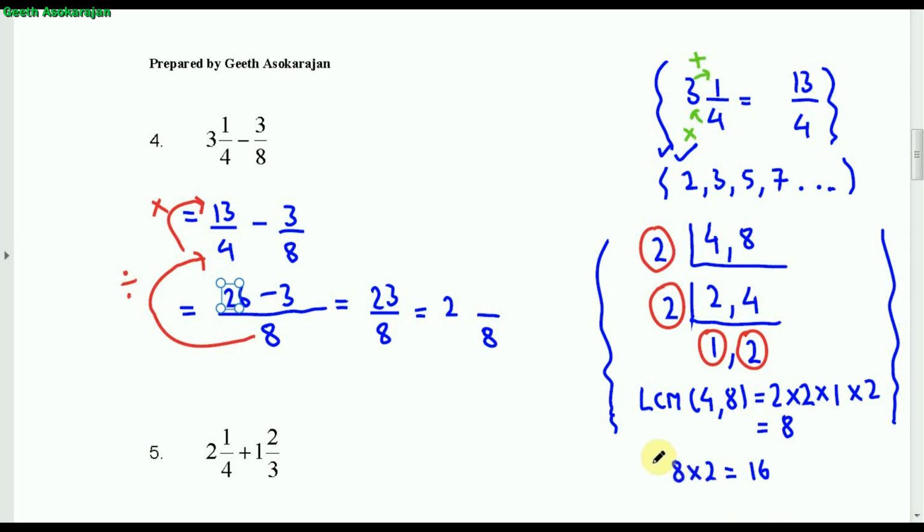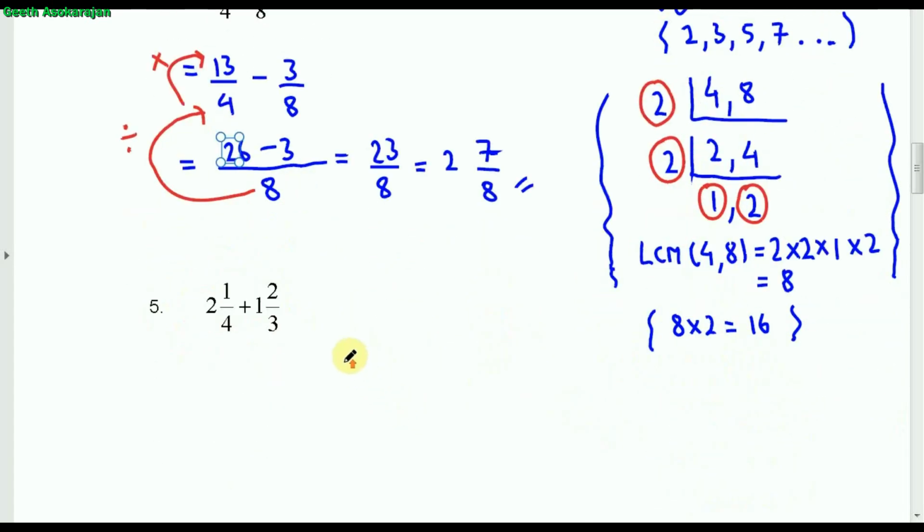So it goes into 23 twice. And the difference between 16 and 23 is 7. So 23 over 8 is the same as 2 and 7/8. And then we're done.